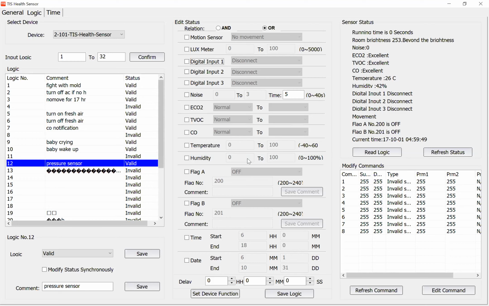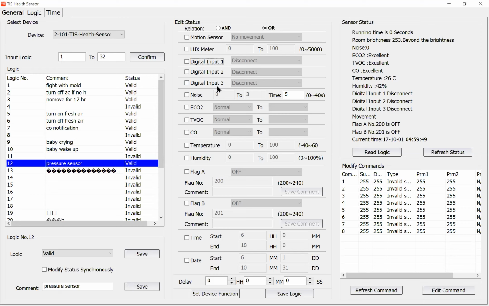Of course, you can connect these 3 buttons to digital input number 1, digital input number 2, and digital input number 3. And therefore, with the TIS call nurse application, you can make the hospital smart with a very good solution that we discussed today.